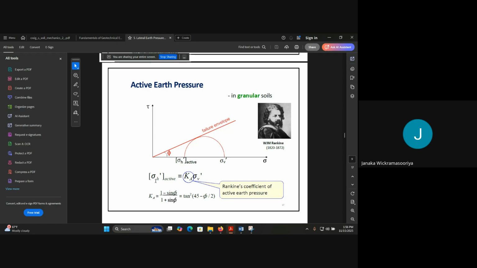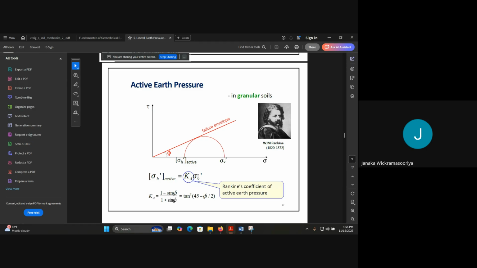This sigma dash h, that is the effective horizontal stress, is equal to the coefficient of active earth pressure times sigma dash v. Since Rankine found this, in honor of him it is called Rankine's coefficient of active earth pressure. Rankine's theory means that one.